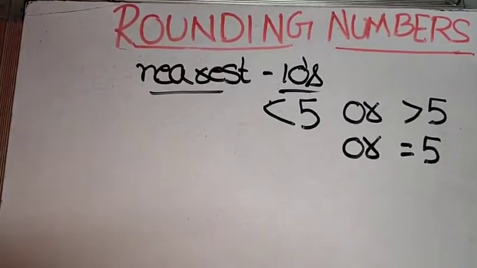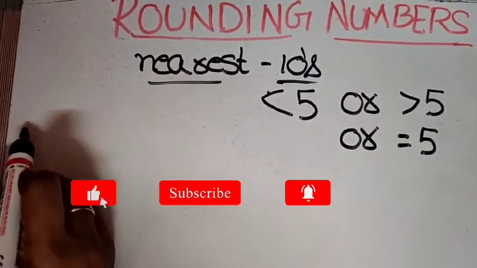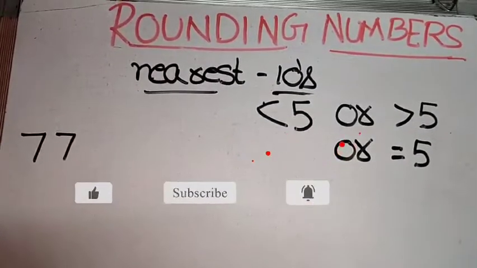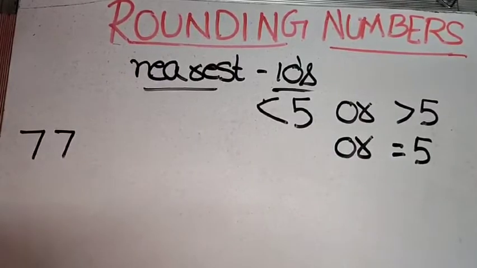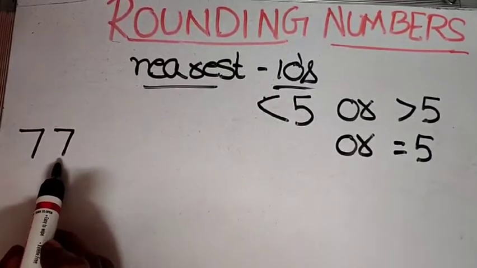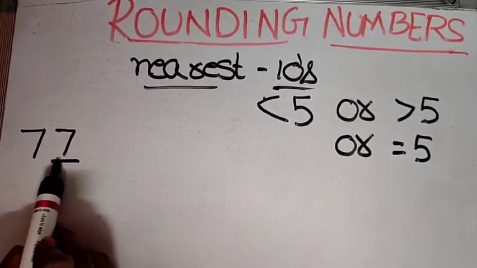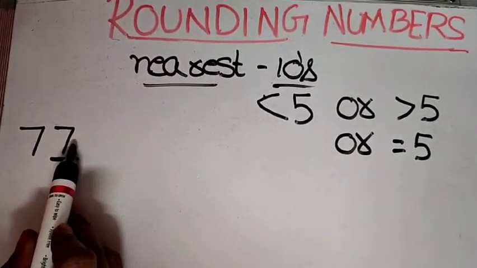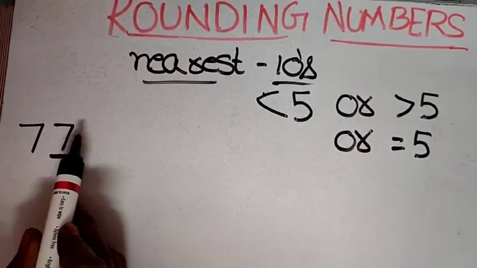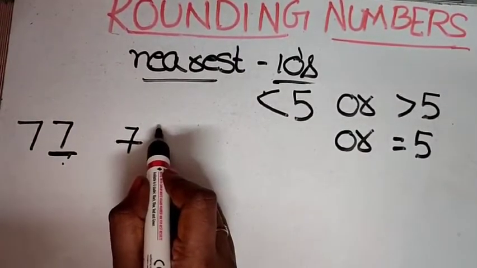Now let us check what happens if a digit is greater than 5. Here I am taking 77. We have to find the rounding number of 77 to nearest tens. Whenever you want to find the number to the nearest tens, check the ones place digit. Here the ones place digit is 7. Check whether it is less than 5 or greater than 5 or equal to 5. If you check, 7 is greater than 5.